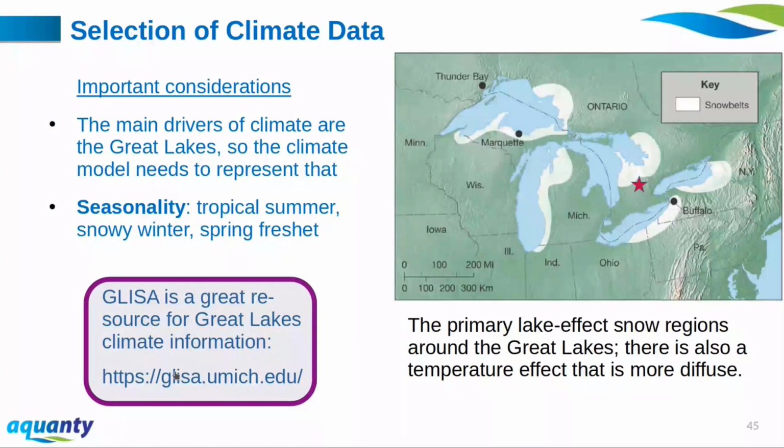So if you're living in the Great Lakes region, visit their website and look at their material. It's pretty good. We were also interested in seasonality. This region has really hot, almost tropical summers, but snowy winters, and then of course spring freshet. The question is, is it still going to remain snow dominated, or is there maybe going to be a change, right? So snow is important too.